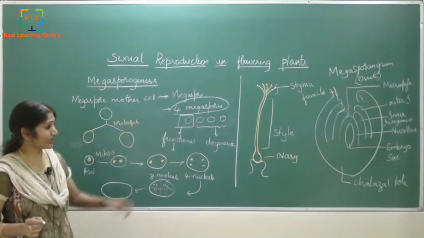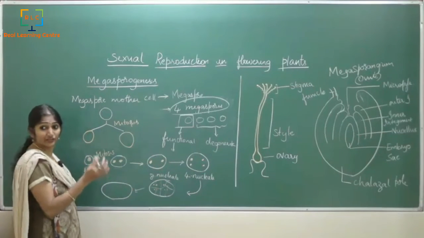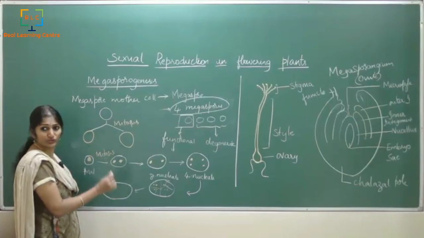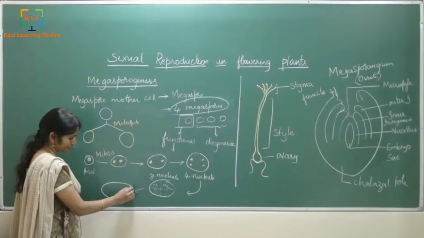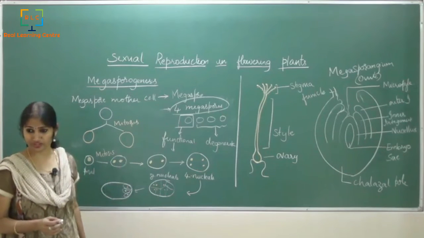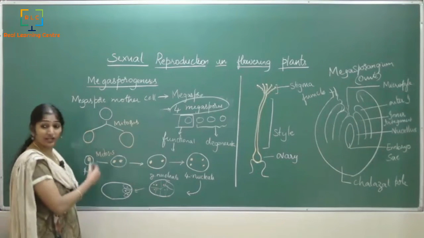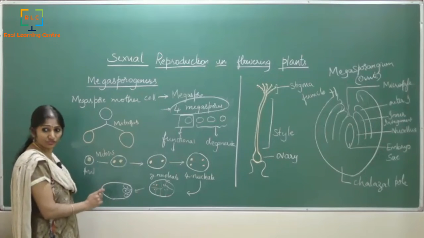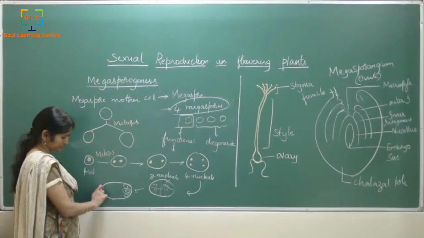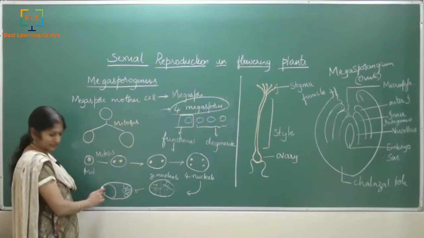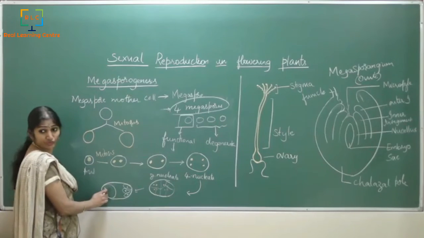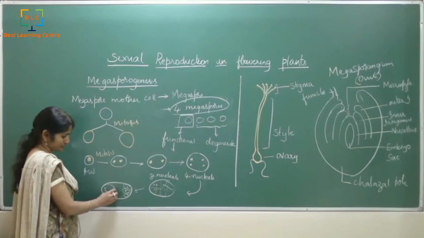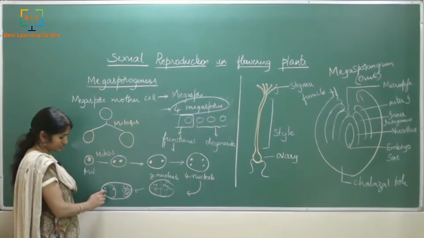Now this embryo sac at the chalazal end would have 3 nuclei. So I will write the 3 nuclei that are present there, and then at the other end, which is the micropylar end, there is formation of another 3 cells present together.